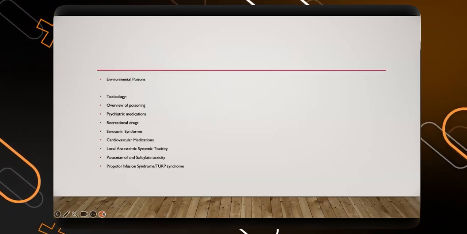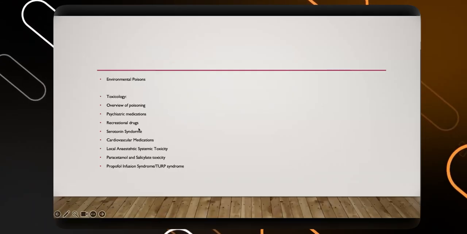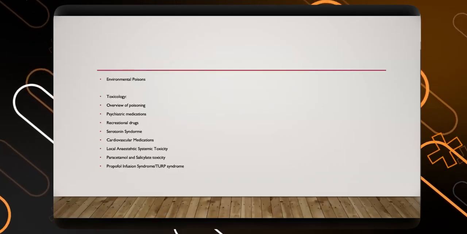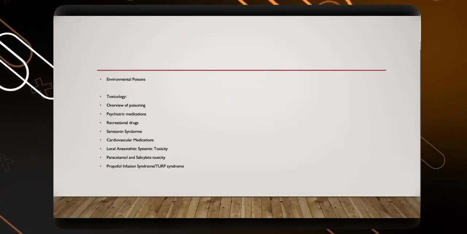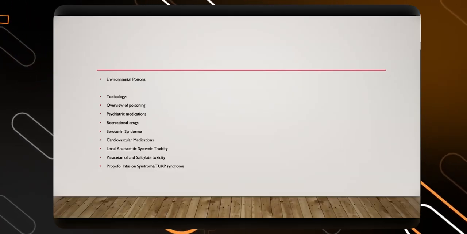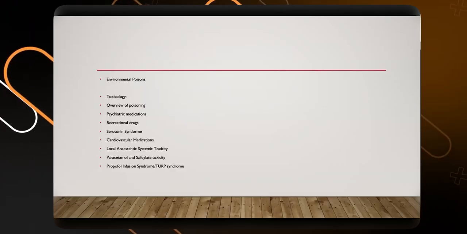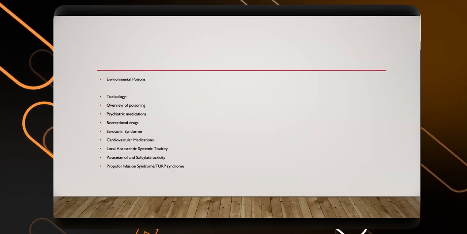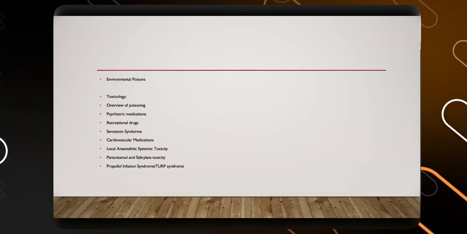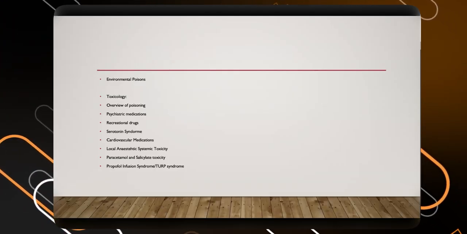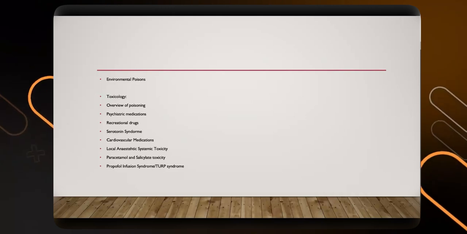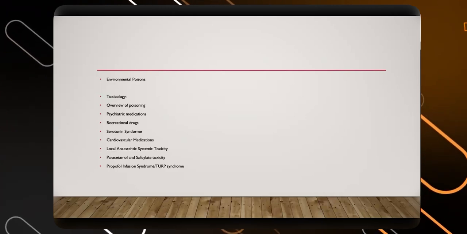So starting with what exactly I'm going to cover. Firstly, I'll cover environmental poisons, and then toxicology, which will be subdivided into the following topics: overview of poisoning, psychiatric medication, recreational drugs, serotonin syndrome, cardiovascular medications, local anesthetic systemic toxicity, paracetamol, and salicylate toxicity.